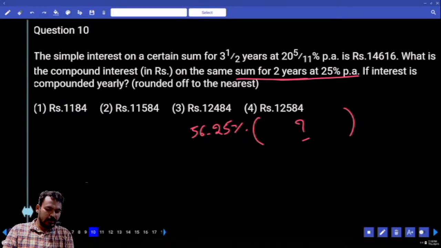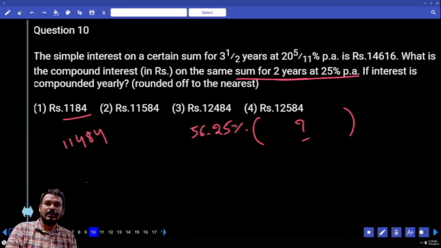56.25. 56.25 means it is which multiple? 3 multiple? First option is 3 multiple. Actually it is 11,484, not 1184.